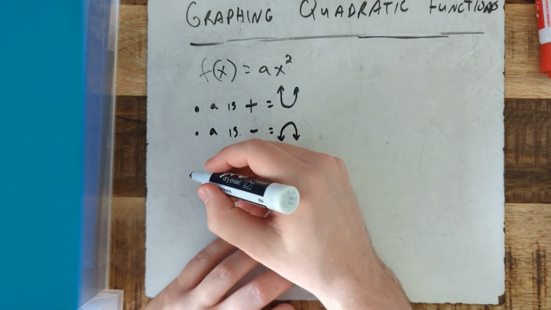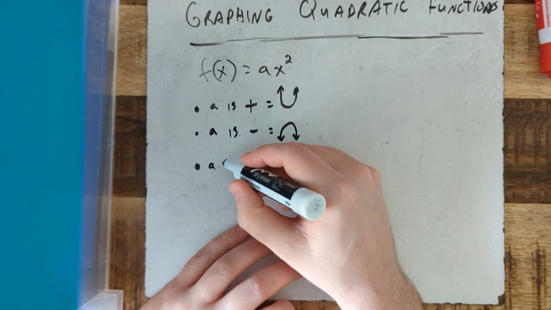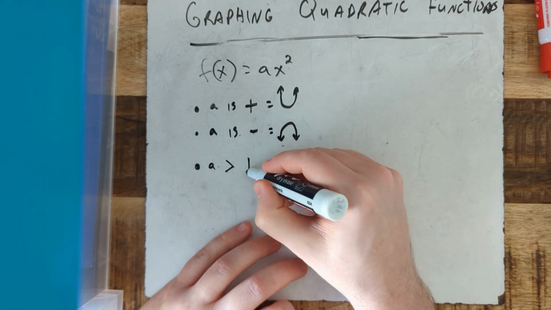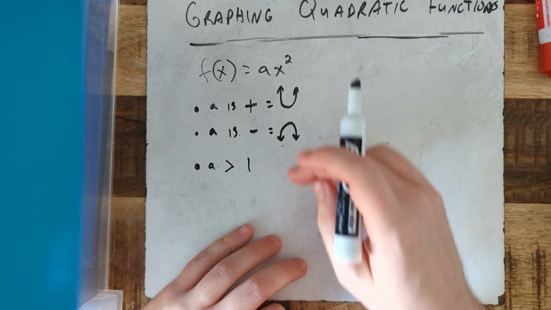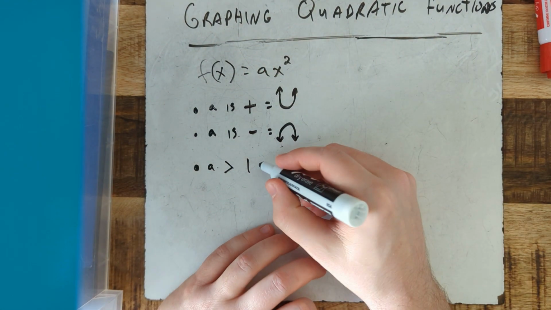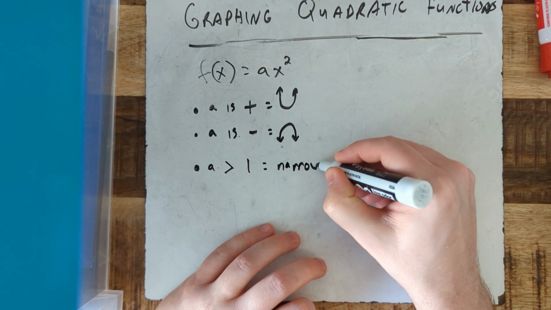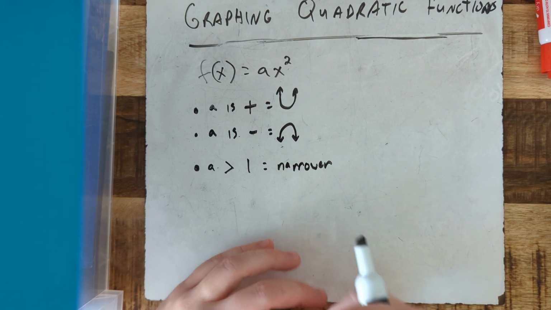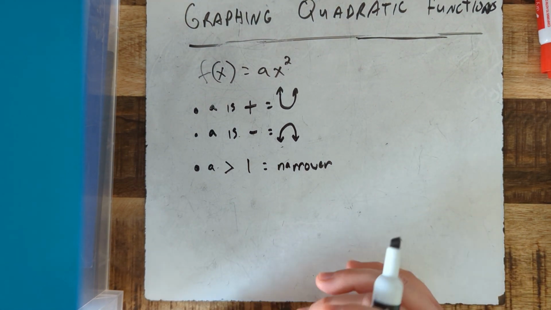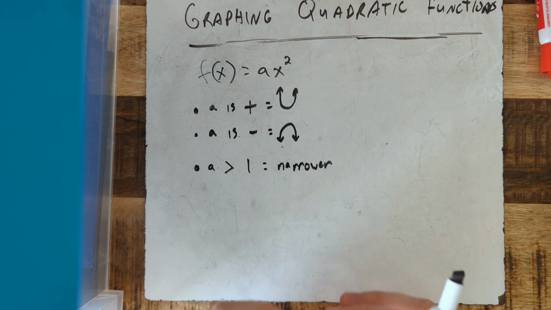Okay. The other rule to follow is if your number is greater than 1, okay, so if it's 2, 3, 5, 100, 1,000, whatever, okay, if it's greater than 1, your graph is going to be narrower than your parent function, than that x squared graph. It's going to be narrower than that graph, and I'll show you how in a minute to show you that point.